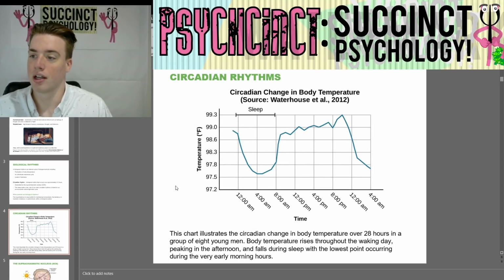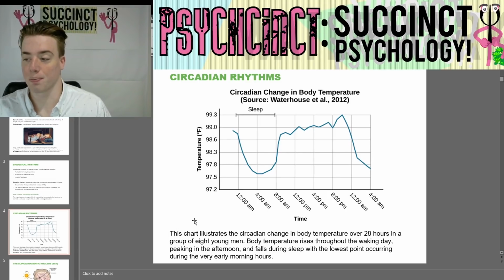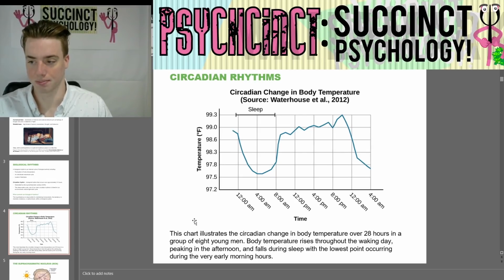So going on, here we've got a nice chart. This chart illustrates the circadian change in body temperature over 28 hours in a group of 8 young men. Body temperature rises throughout the waking day, peaking in the afternoon, and falls during sleep, with the lowest point occurring during the very early morning hours.